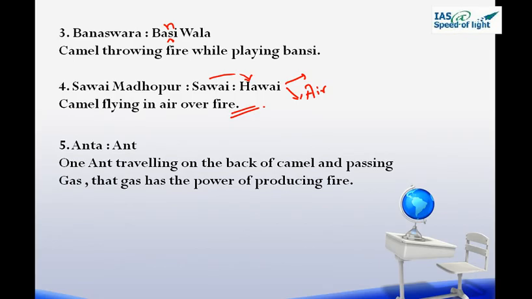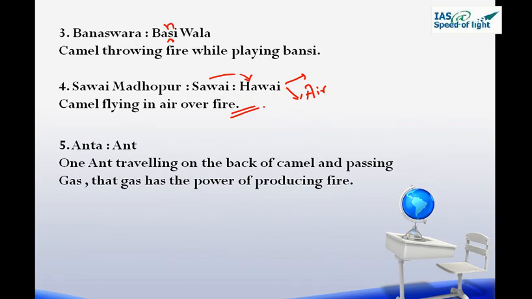Fifth one is Anta. Okay, from Anta we get ant. Ant is cheetah in Hindi. So one ant traveling on the back of a camel and passing gas. Now we have heard so many jokes of ants and camels. Now here again one ant is traveling on the back of a big camel.